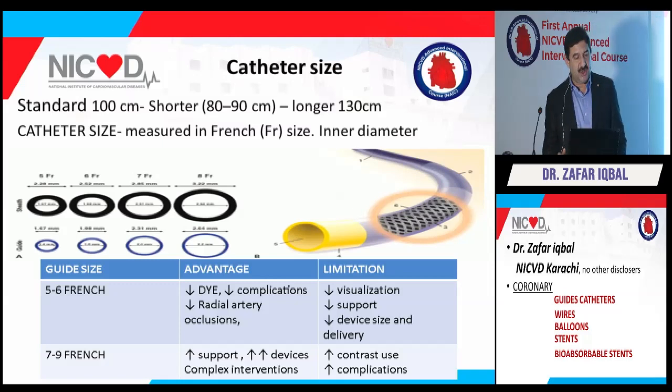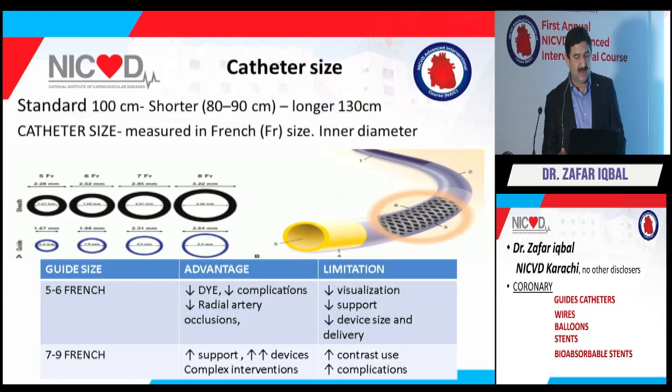The sheath compatible with the guide is such that the outer diameter of the catheter is equal to the inner diameter of the sheath, so that we can use a particular guide with a particular sheath. The usual French sizes available for guide catheters are from 4 to 9 French.